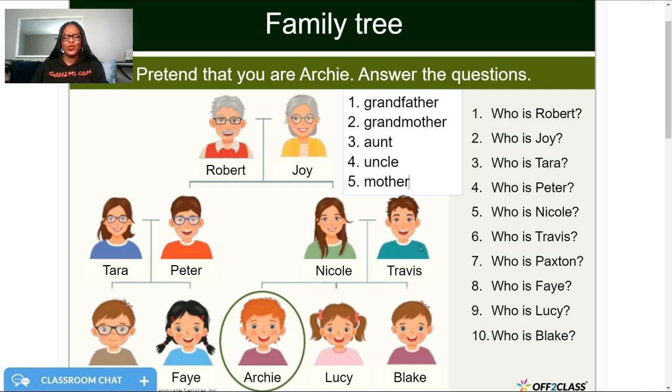Who is Travis? Travis is next to Nicole. All right. So now if you think about it, remember Tara and Peter? Tara was next to Peter. Tara was Archie's aunt. Peter is Archie's uncle. Nicole now is next to Travis.